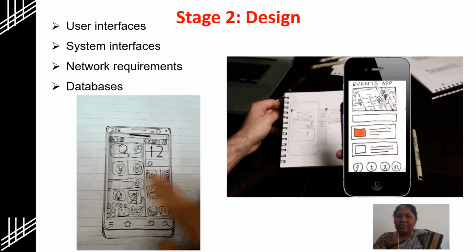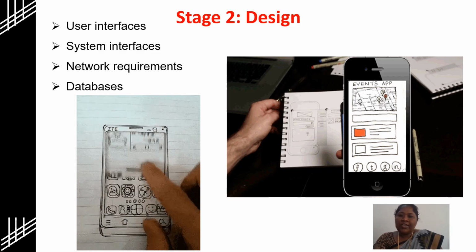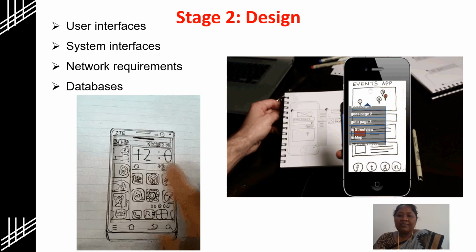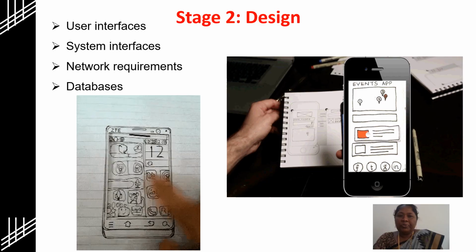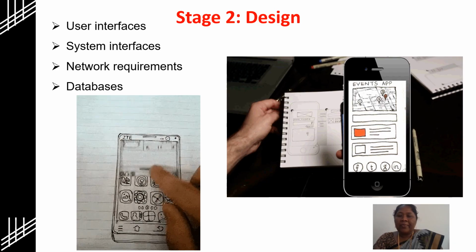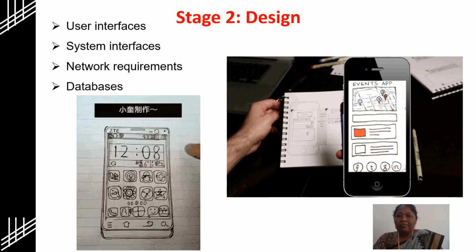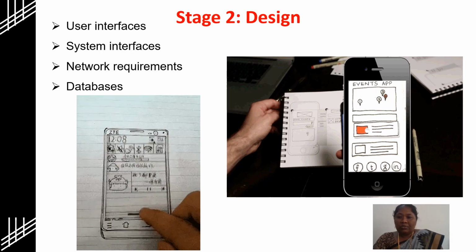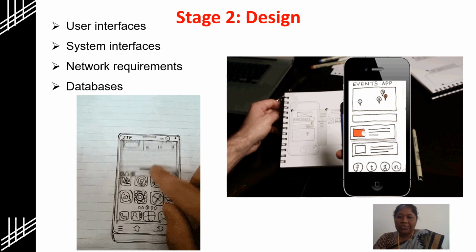The network requirements: what about your server and storage, how many clients, how many servers, what about the backup data, how it is supposed to be taken, and the code for backup. When an application is working from a browser, do you want to lock the browser icons or browser options?